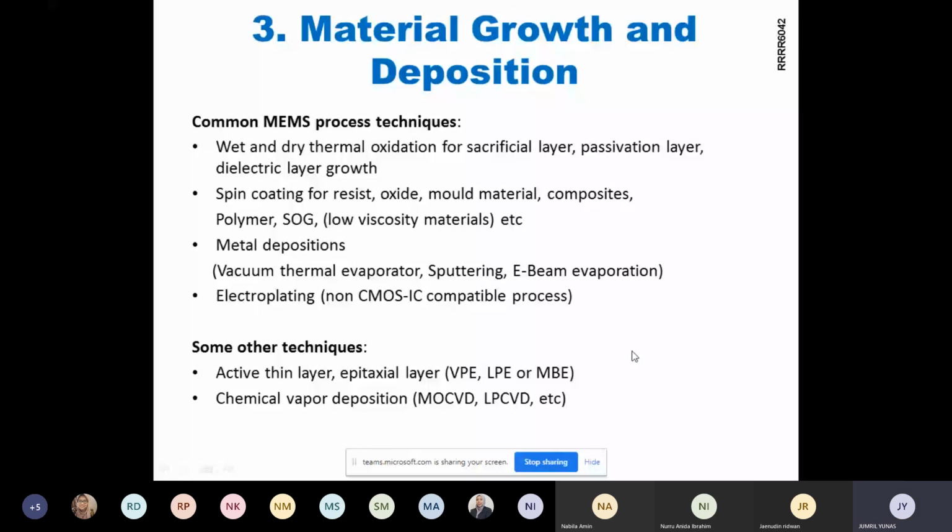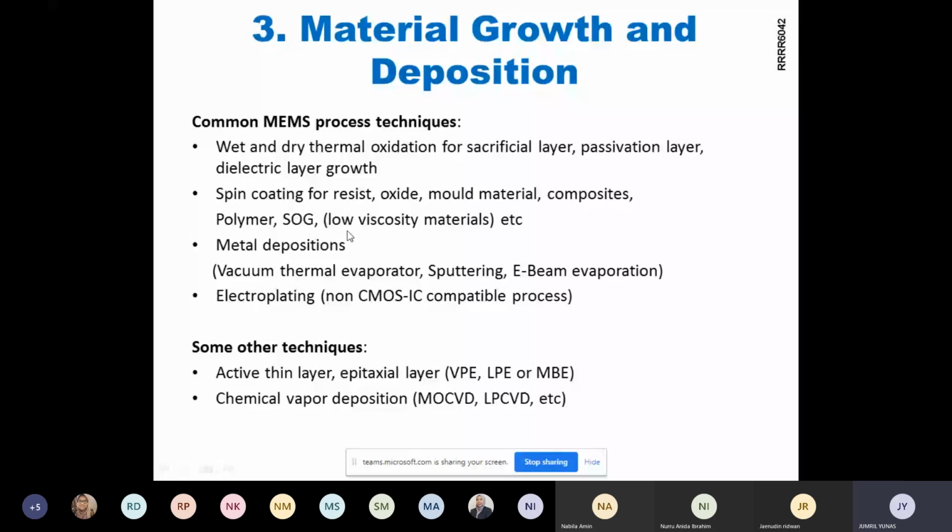This process includes wet and dry thermal oxidation for a sacrificial layer, for creating the passivation layer, coating layer, or the dielectric layer, or also to grow some oxide layer.